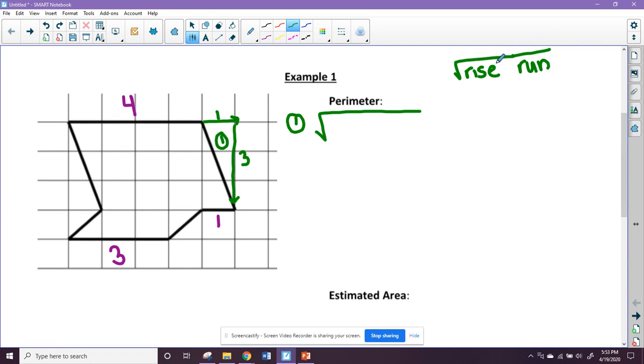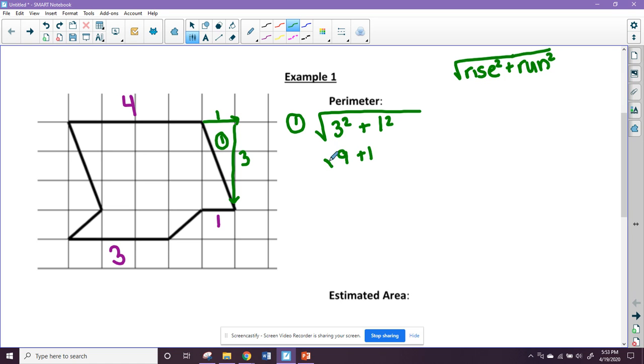So we have to take rise and square it, and then add it to our run squared, and then take the square root of it. So our rise, how far up or down are we going here, is 3. We're going to square it and add it to our 1 squared. So 3 squared is 9, plus 1.